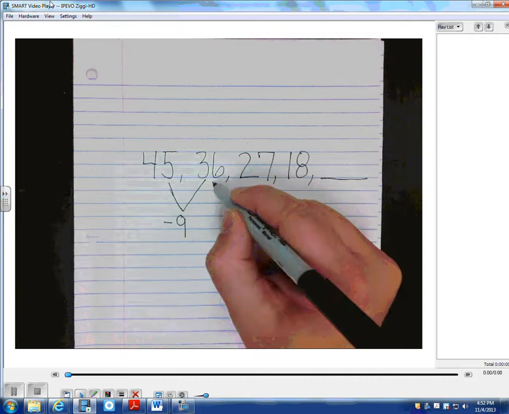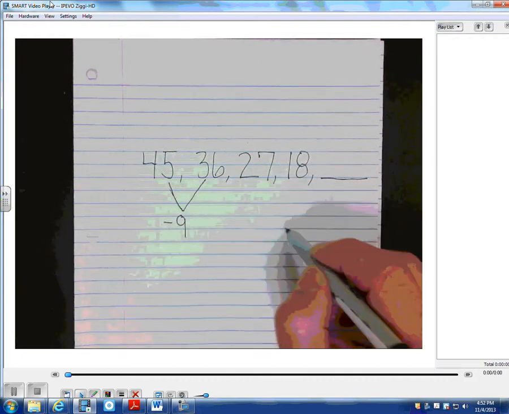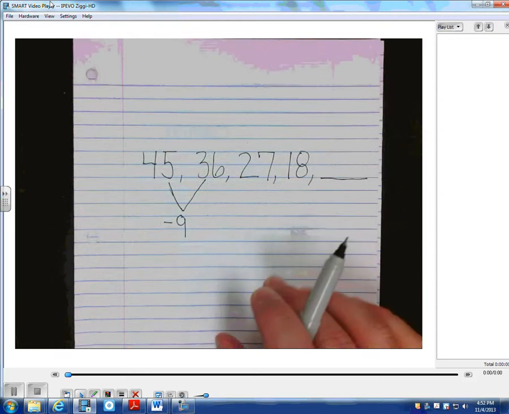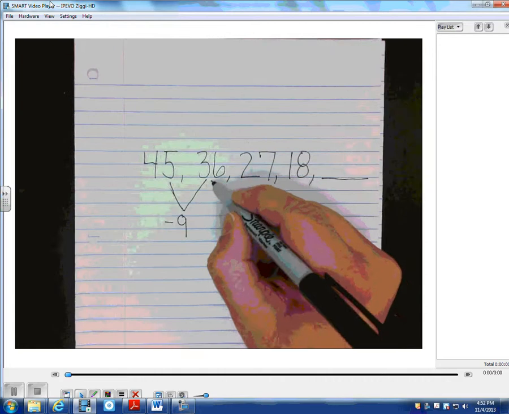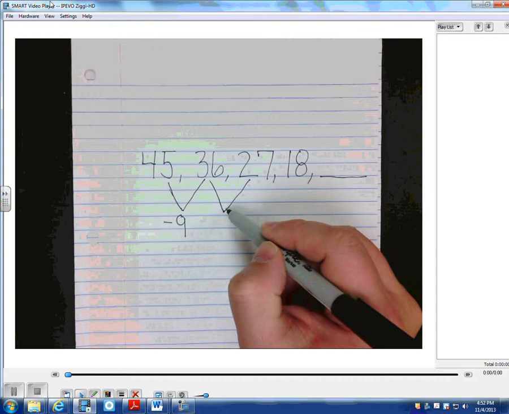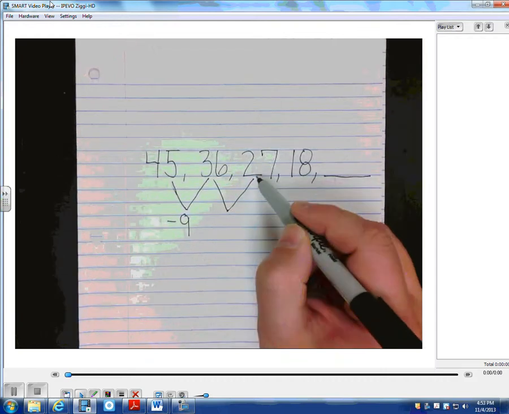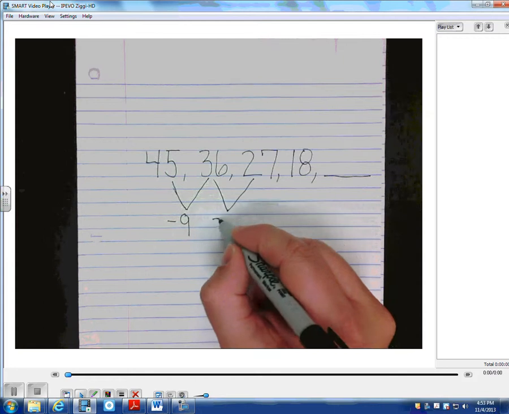You always want to make sure, just because you get it the first number doesn't mean that's going to be the pattern for the rest of the set. So always make sure you go through each one. So I'm going to go from 36 to 27. How did I get from 36 to 27? Okay, so again, I know here, if I do the subtraction, I'm also going to get a minus 9.